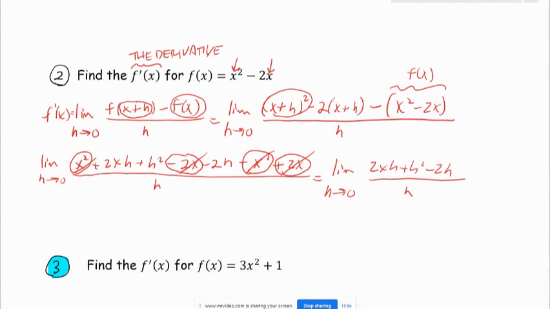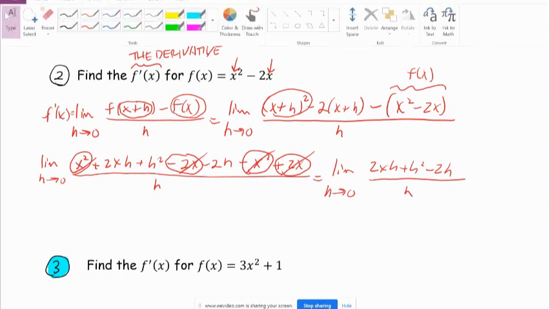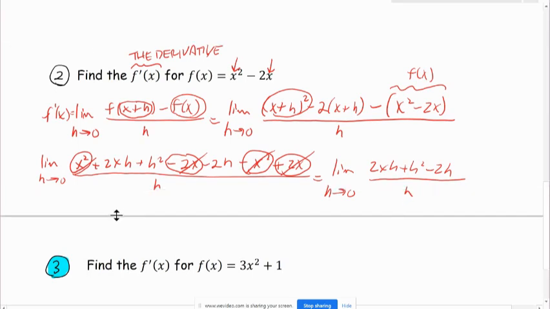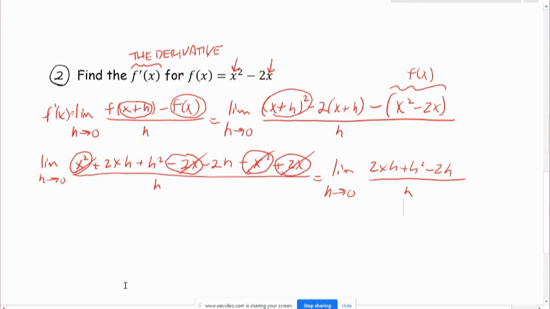And we notice again that we can factor out an h just like we were able to do in the previous problem, and you should always be able to if you did all the expansion correctly. Then we can factor out an h, and that is going to leave us with 2x plus h minus 2 all over h.